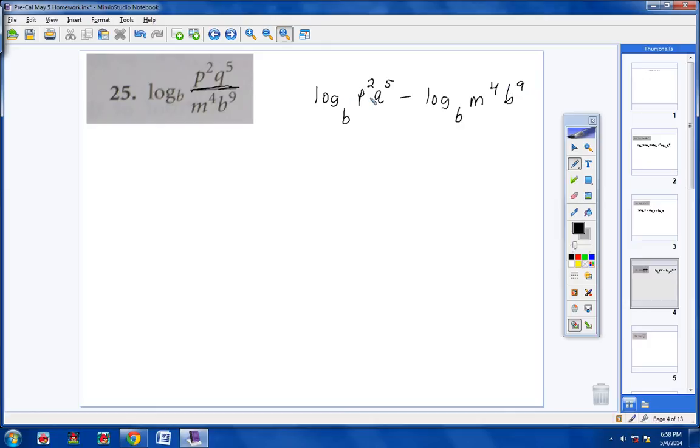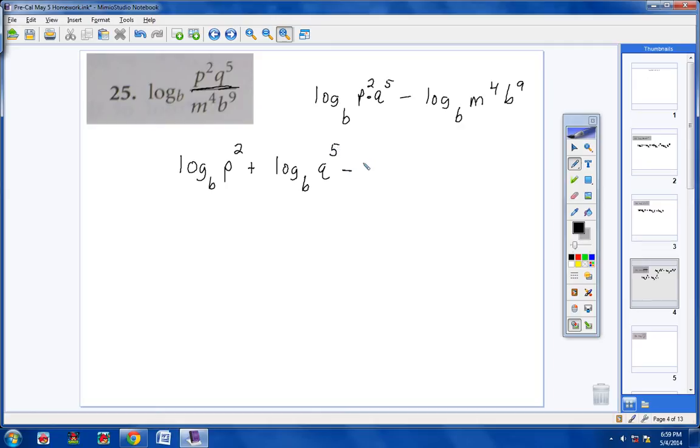Now, notice these two are being multiplied, so I'm going to write this logarithm here as 2 separate logarithms. So log base b of p squared, and then plus log base b of q to the 5th. And now be careful here.